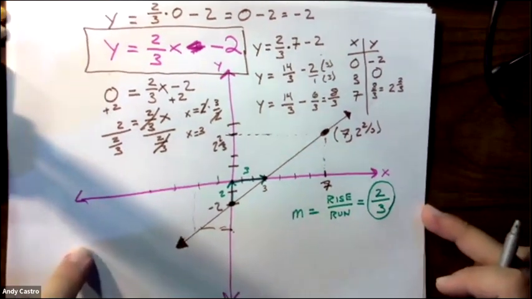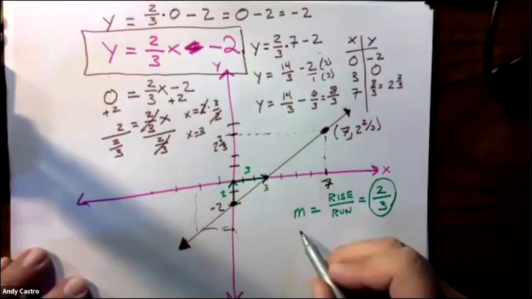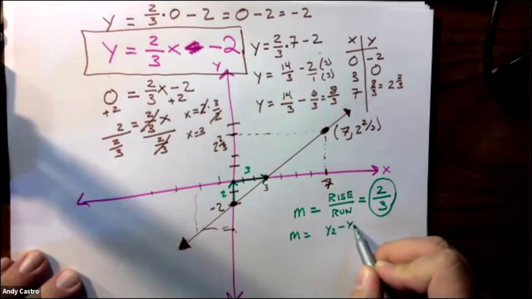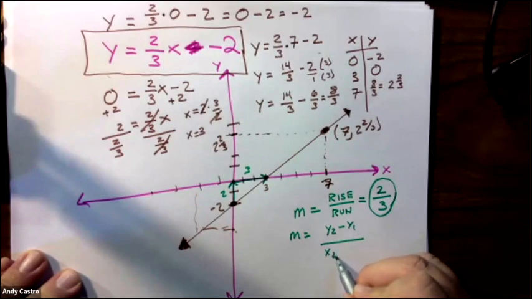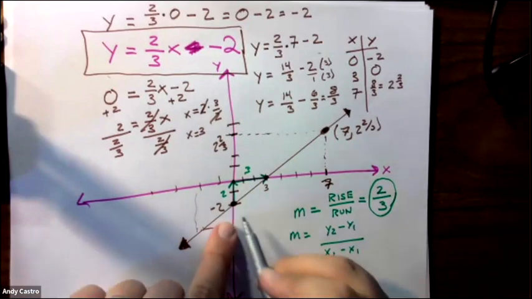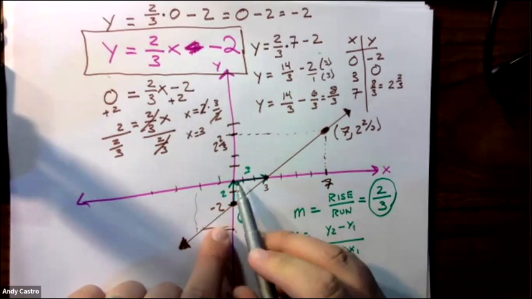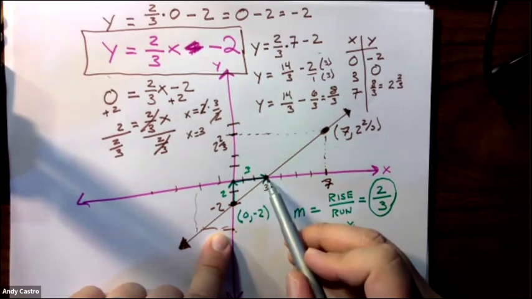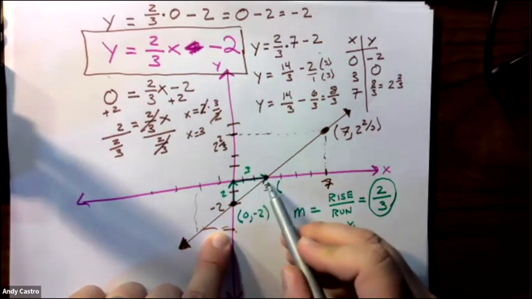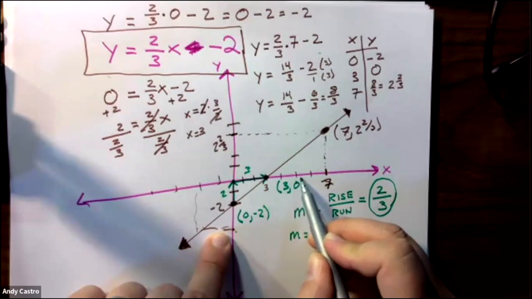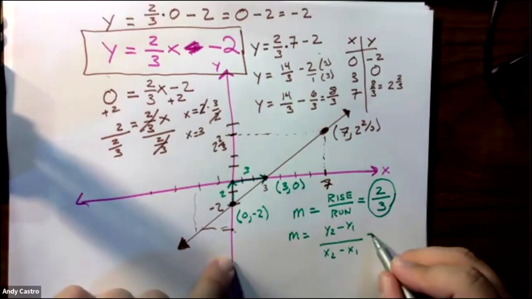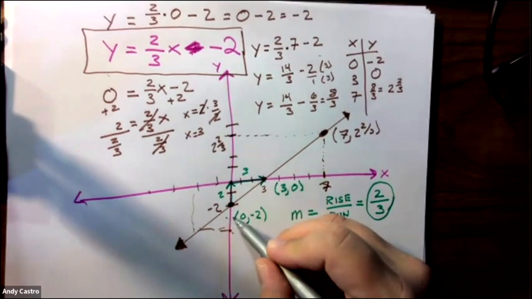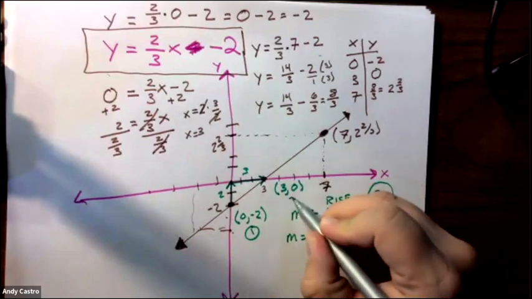Now, if I were to use the equation, y2 minus y1 over x2 minus x1. What's this first point here? That is 0, -2. And the second point here is 3, 0. So if I plug those in, label these my first point and my second point.